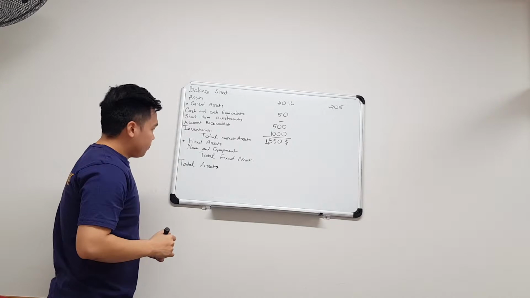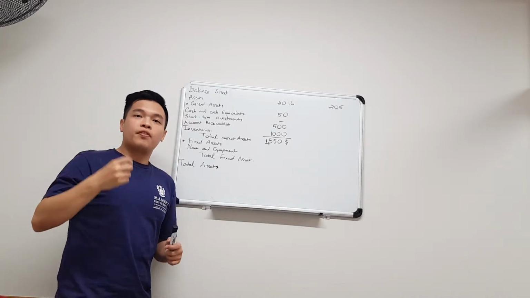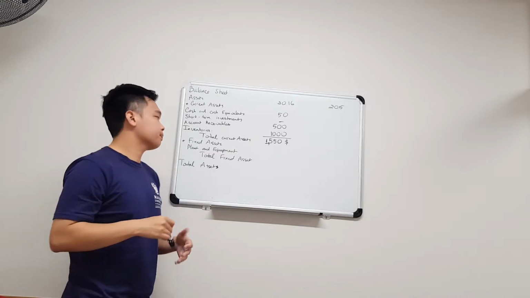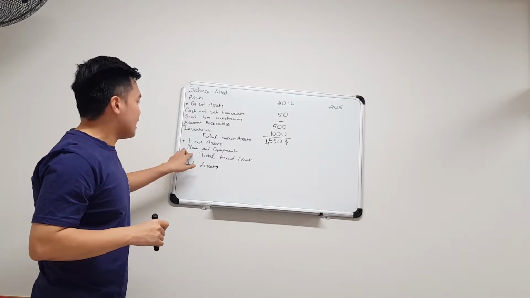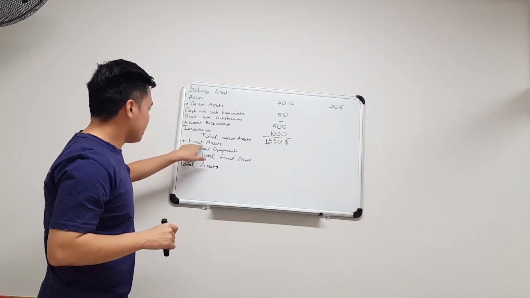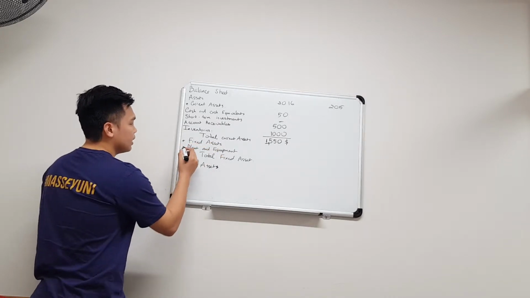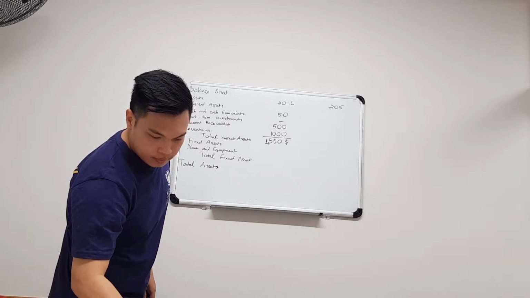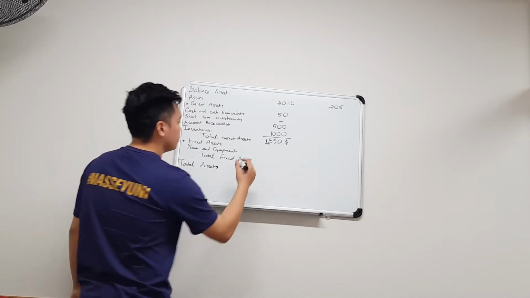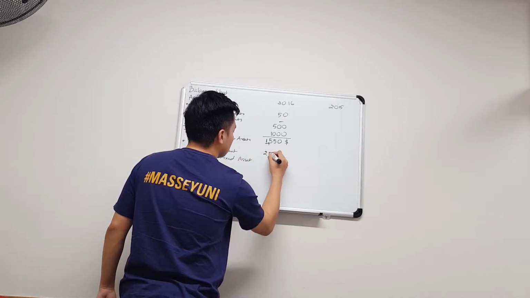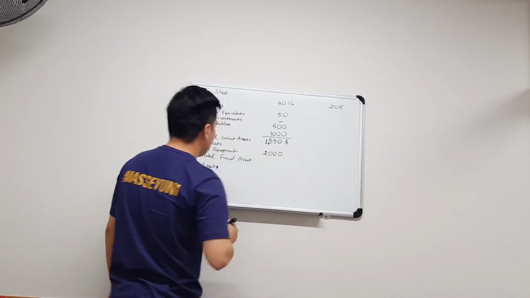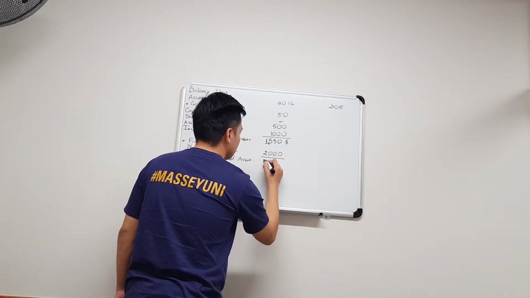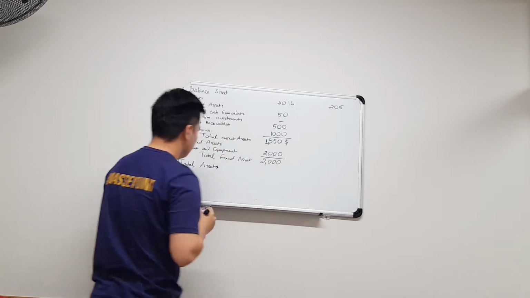Also, we have fixed assets in the total assets of the balance sheet. In this case, fixed assets, we have land and equipment, accounting for 2,000. So total fixed assets is also 2,000.